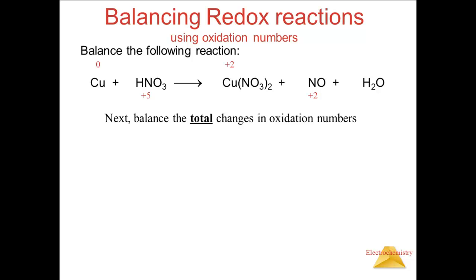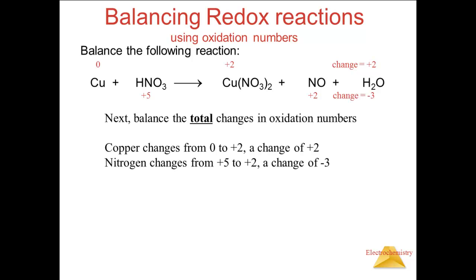Next, we balance the total change in oxidation number. The oxidation number of one element will increase and the other will decrease. The total changes must be balanced since the number of electrons will be the same. Each copper atom changes from 0 to +2 for a change of +2.